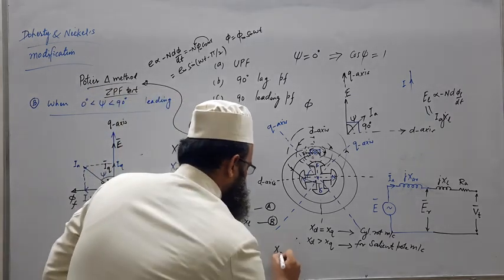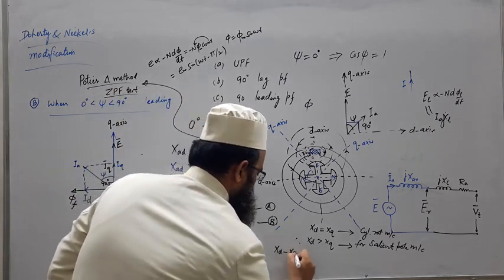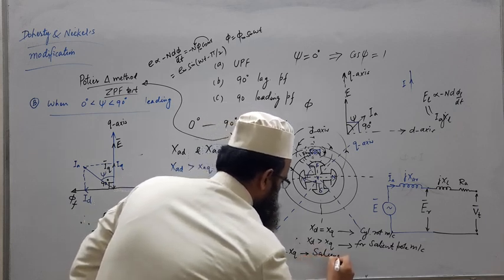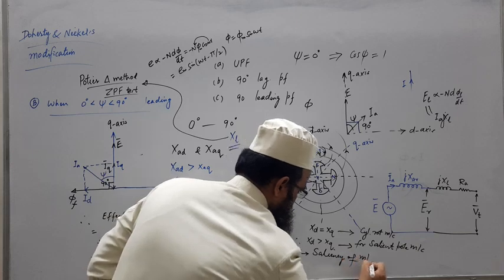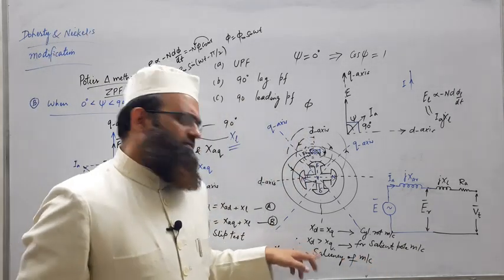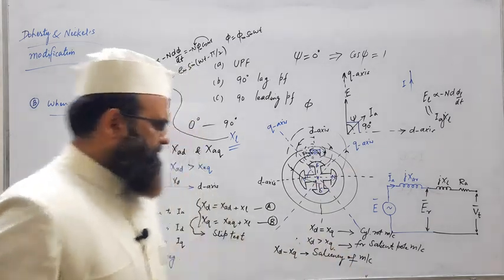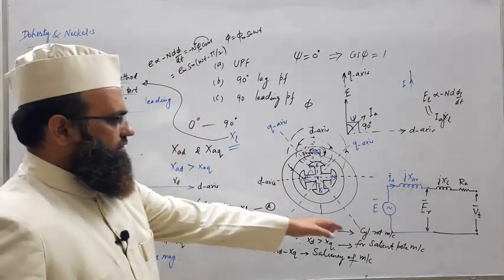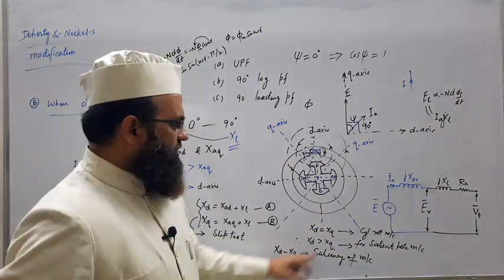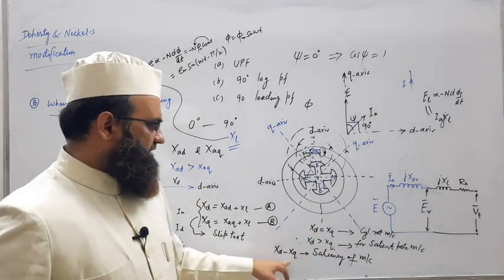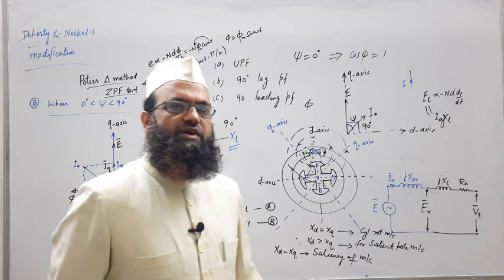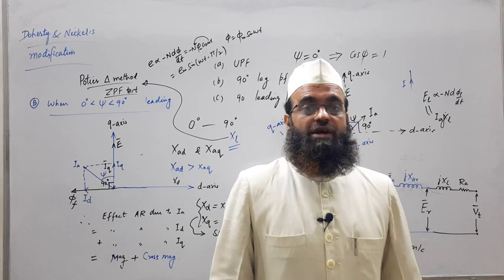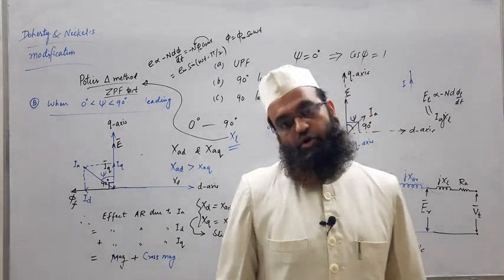So this difference, XD minus XQ, is known as the saliency of the machine. Generally, XD is taken as 1.6 times XQ. It may be up to twice that for a salient pole machine. But for cylindrical, XD will be equal to XQ. So XD minus XQ will be 0, that is saliency is 0, it means it is not salient pole, it is non-salient pole. That is why the cylindrical machine is also called non-salient pole, because its saliency is 0.